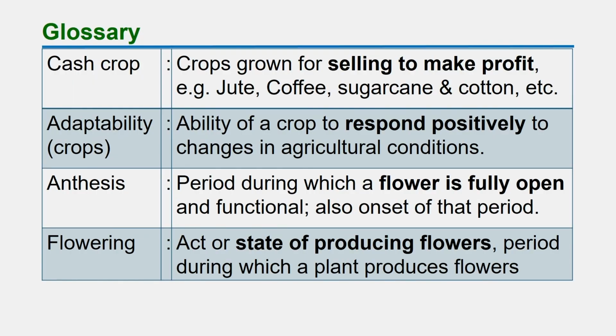Anthesis: period during which a flower is fully open and functional, also the onset of that period is anthesis. Flowering: act or state of producing flowers, period during which a plant produces flowers. Means the word flowering has two meanings.